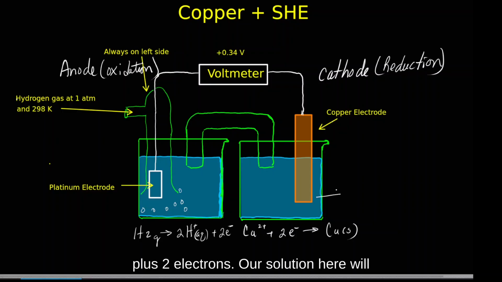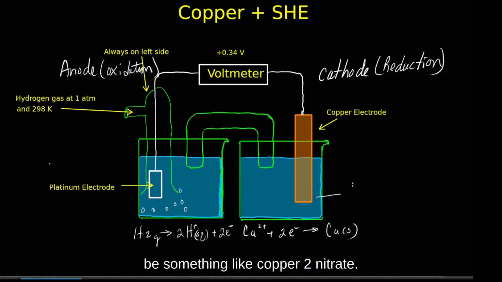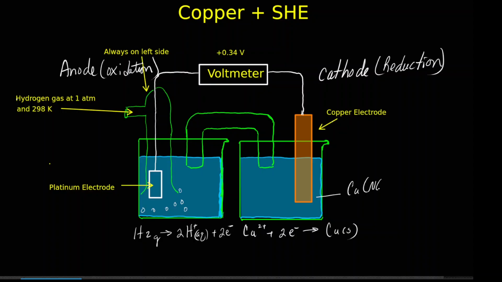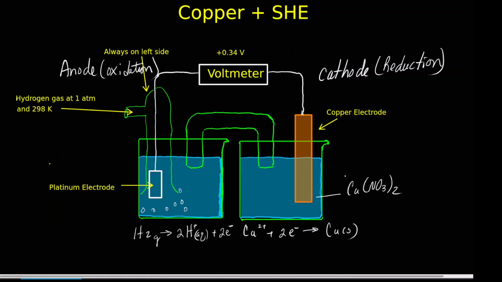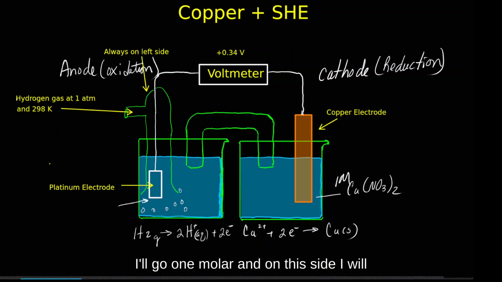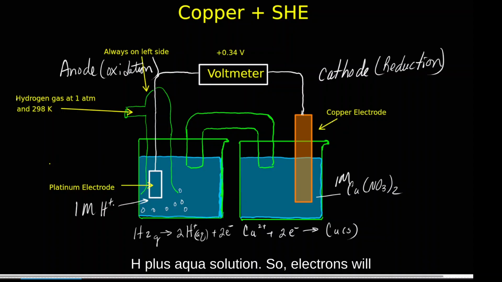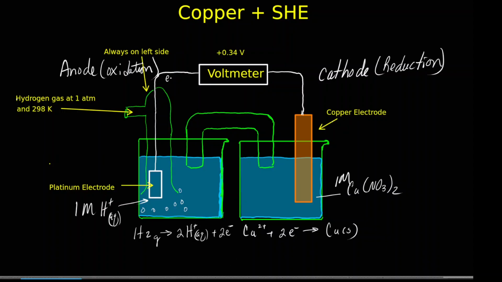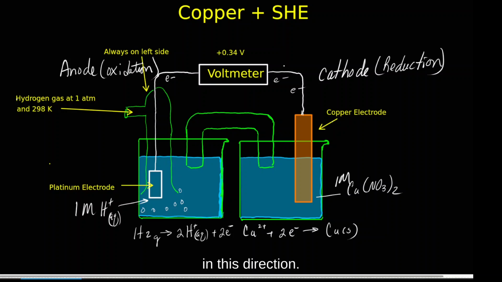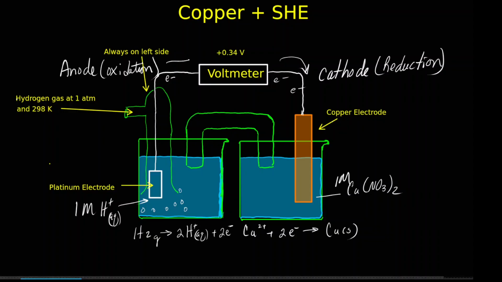Our solution here would be something like copper 2 nitrate. I'll go 1 molar. And on this side, I will have a 1 molar H plus aqueous solution. So electrons will be traveling in this direction.